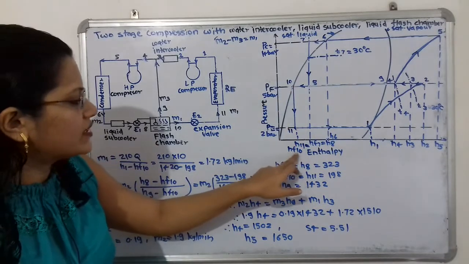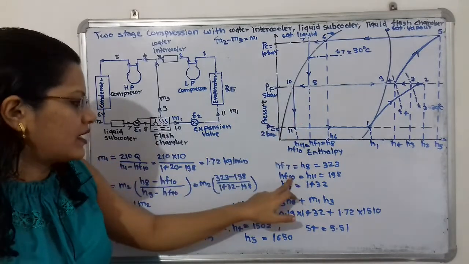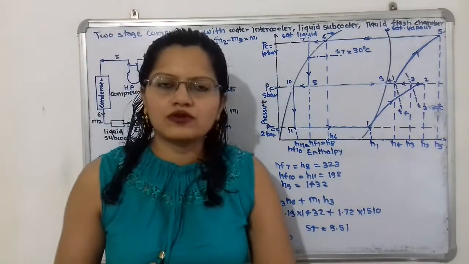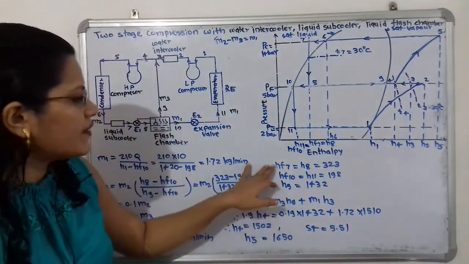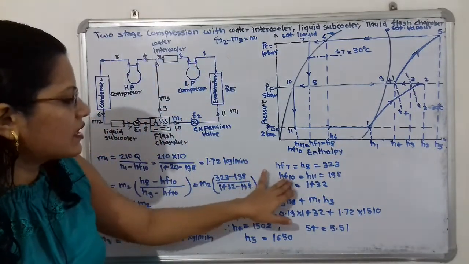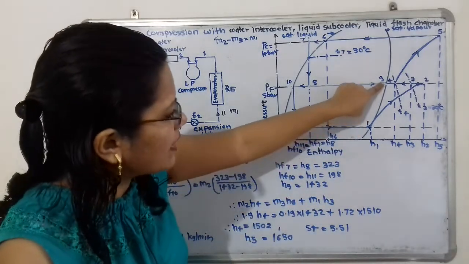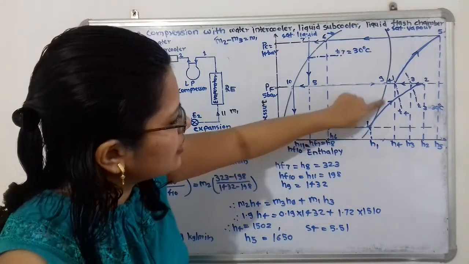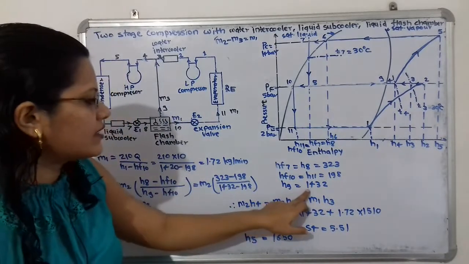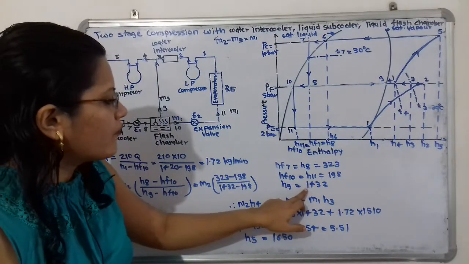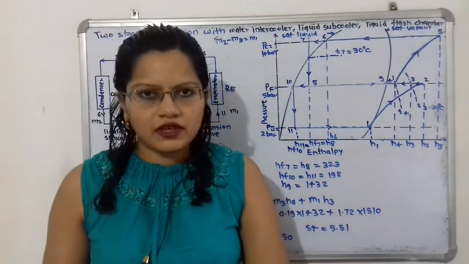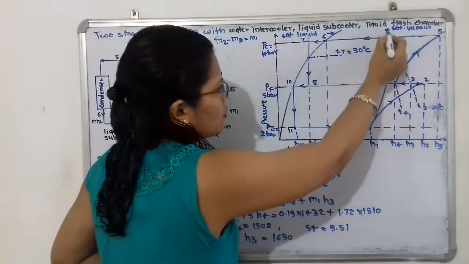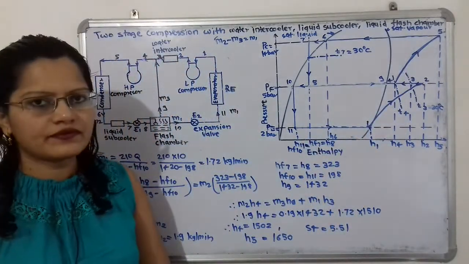So hf10 is equal to h11, and that is equal to 198 kilojoule per kilogram. In this way we will get hf7, hf10 also, and what is the 9? That is h9. If we extend this point we will get h9 equal to 1432 kilojoule per kilogram. So this point 9 is on the saturated vapor line.